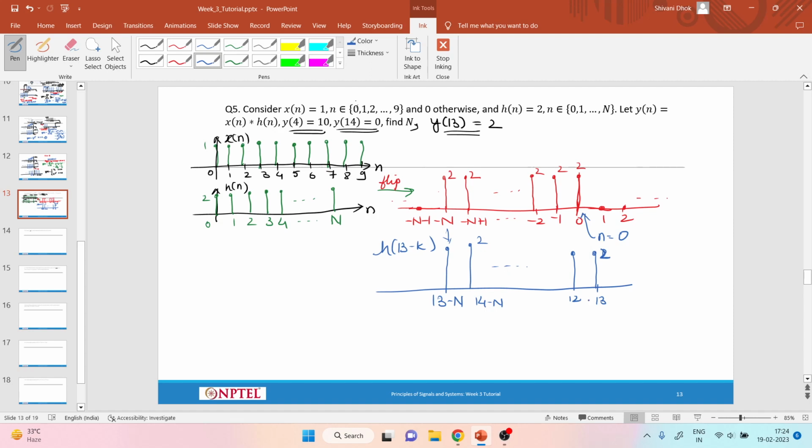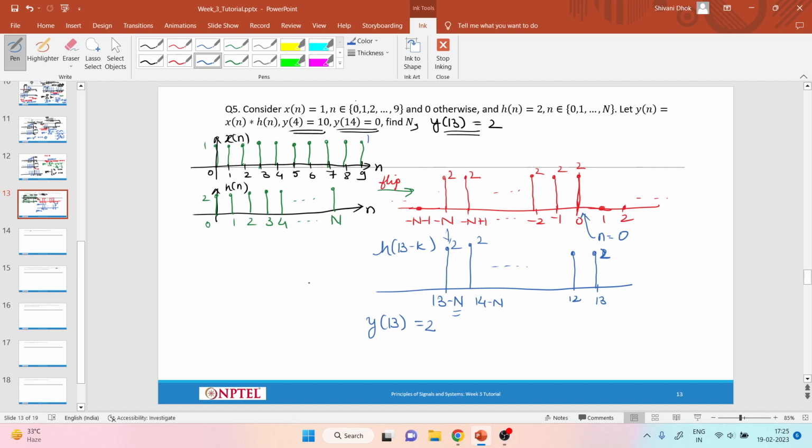So this is what I'll have, and I need to know what is the value of this. Now what I have been given is the value of y of 13 is equal to 2, and if I look at this x of n, it takes the value of 1 everywhere, and h of n takes the value of 2.